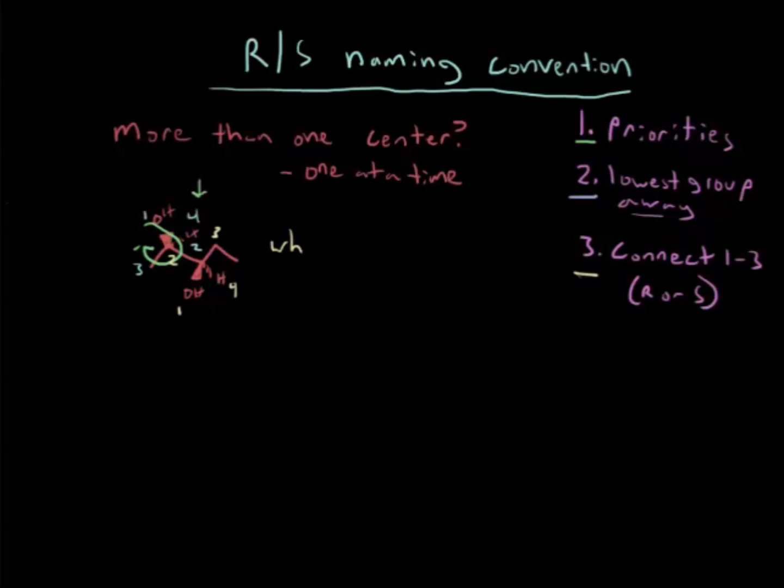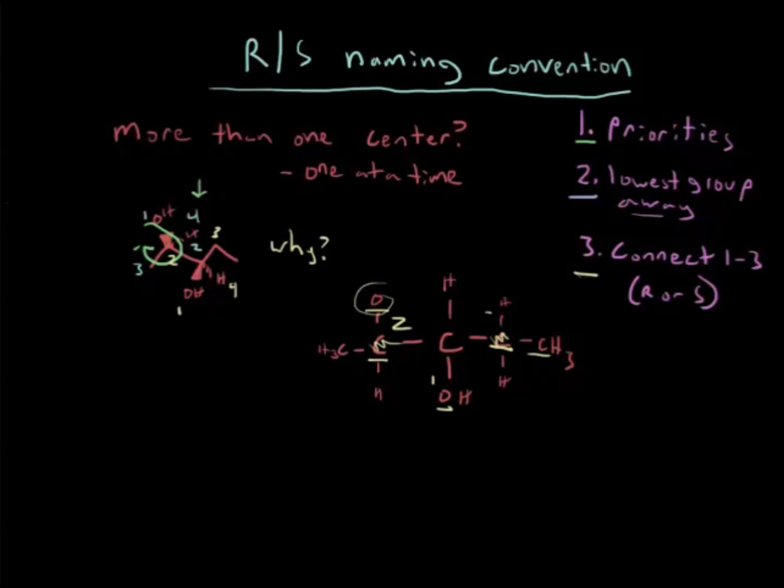Assign these groups. Let's take a closer look at this one. So we have our carbon attached to our hydroxyl, to hydrogen, of course to our ethyl group, and over here to our remaining part of the molecule. So we have 2 carbons here. What do we do? Look at the next atom. We have an oxygen attached here and a carbon there.